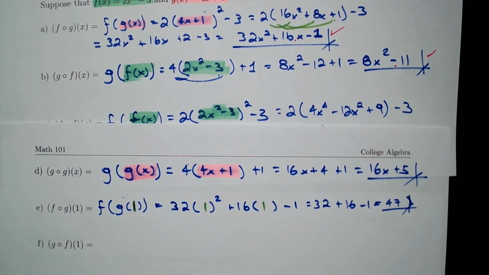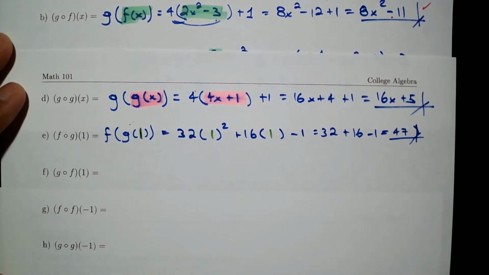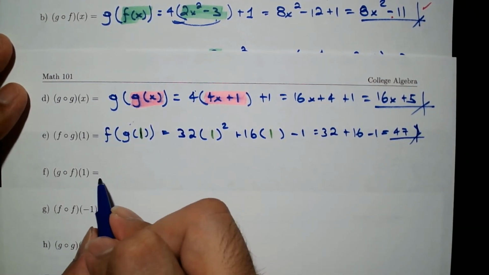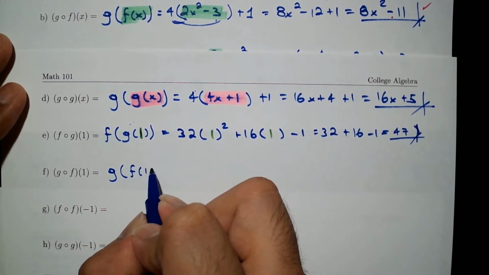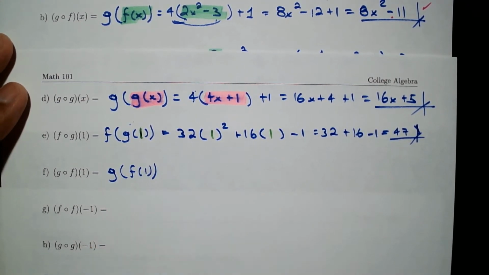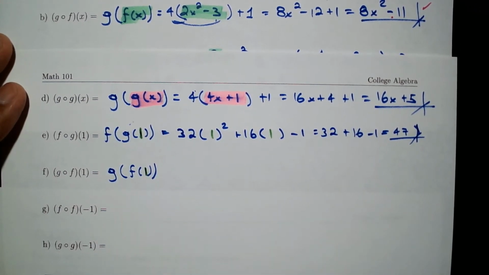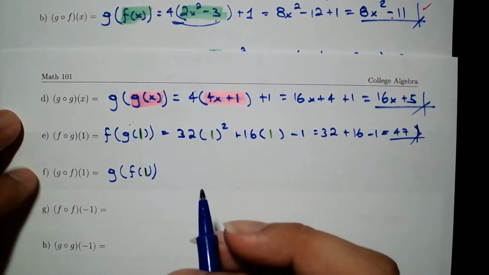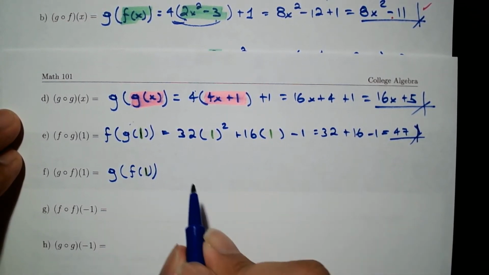Let's do g composite with f evaluated at 1. All right, so in that case, what do we do? So first, we go through f. The input 1 goes through f, and then whatever output goes as an input of g. All right, so let's see. I'm going to show you the machine approach to this.